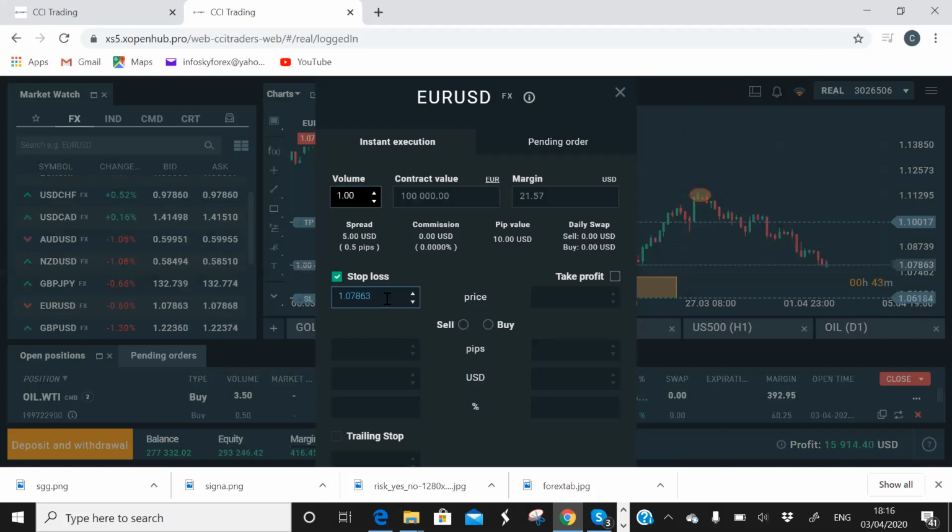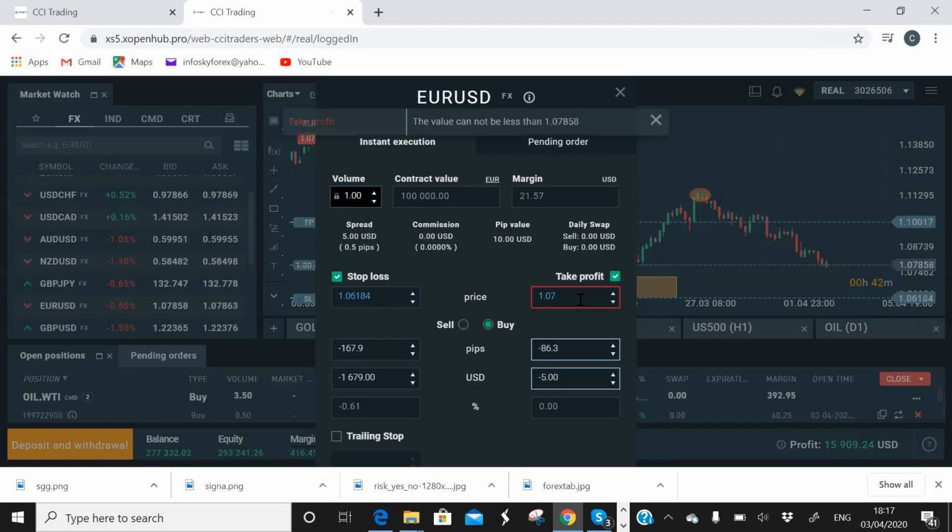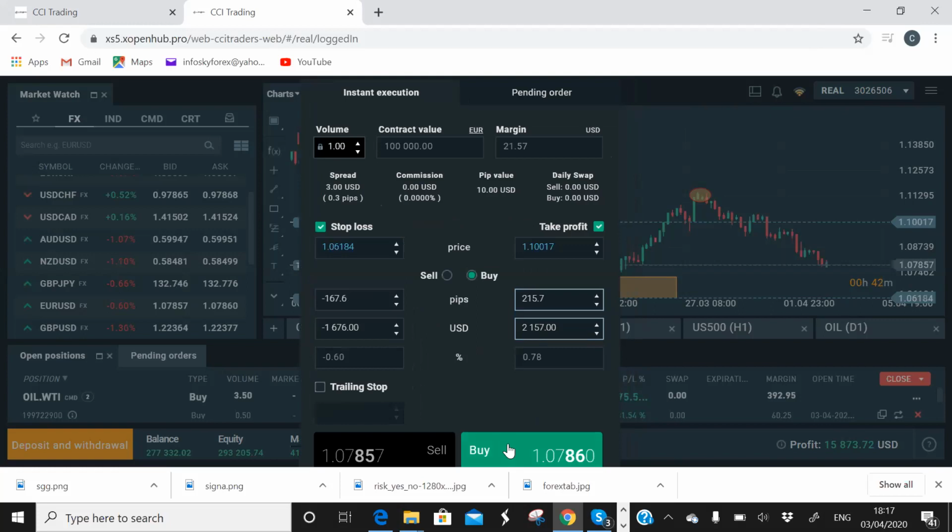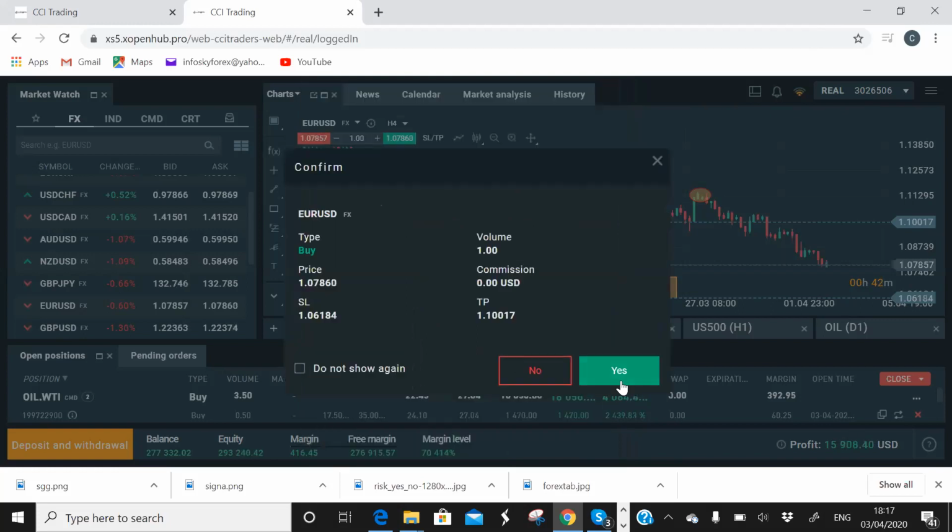Then I put my take profit at 1.10017. Fantastic. Then I come in here, I place a buy.